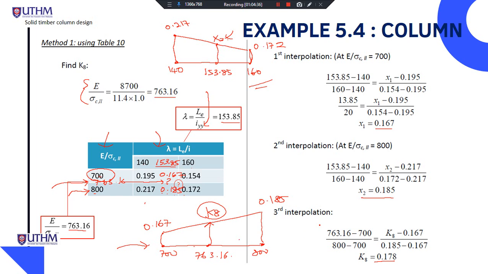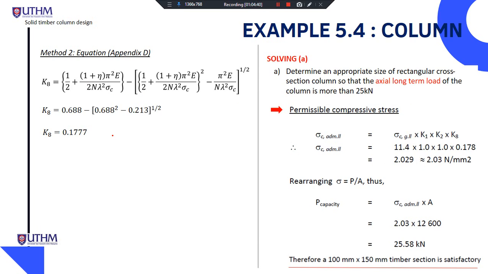So this 0.178 is using method 1, table 10. And when we double check with method 2, the equation in appendix D, we get the K8 equal to 0.177. So it is verified.